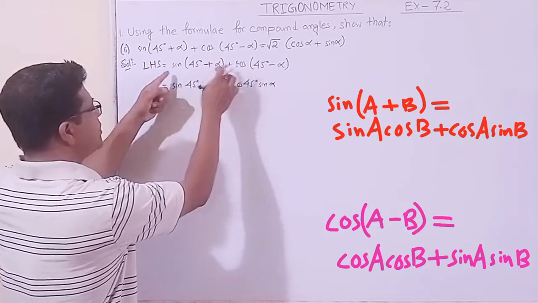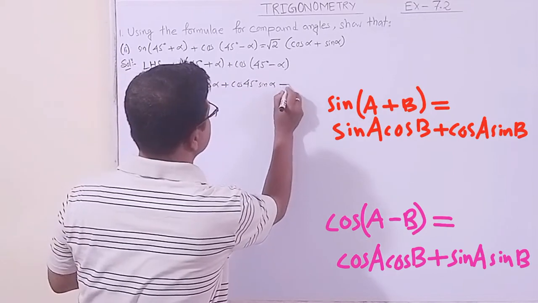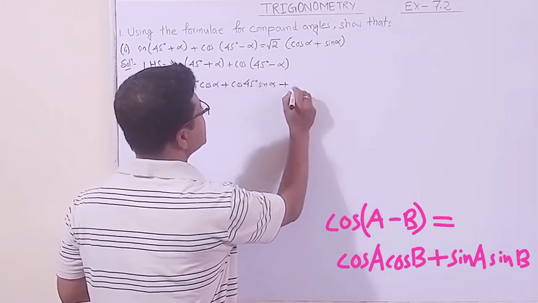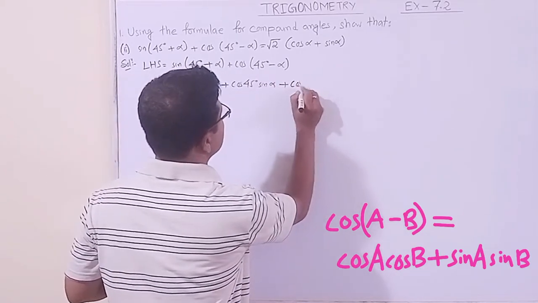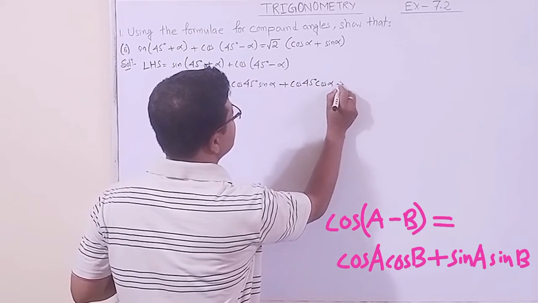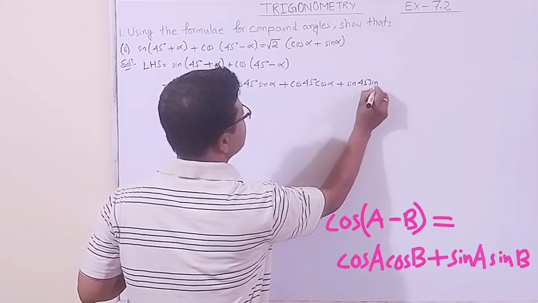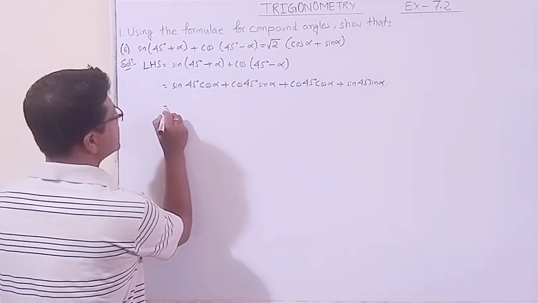This formula is written here. Now we have to write the formula for cos a minus b. Cos a minus b is cos a cos b plus sin a sin b. This formula is written. Now let us substitute the values.